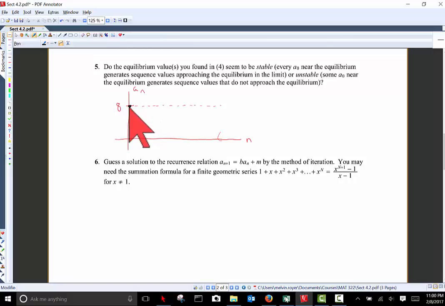If I start right at 8, then I just get these horizontal dots. I stay at 8. But if I start a little bit below 8, then what happens is that we start going extinct. And if we start a little bit above 8, what happens is we grow without bound.